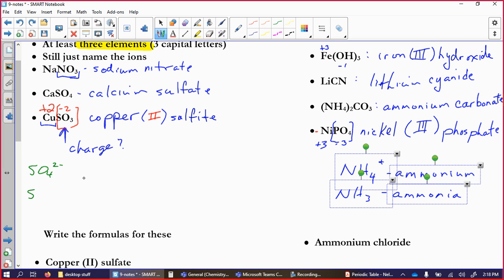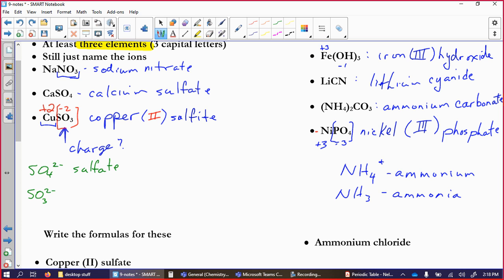So SO4 is 2 minus. SO3 is also 2 minus. This is sulfate, sulfite. There's 3 of these ates and ites on your periodic table. There is ClO3.